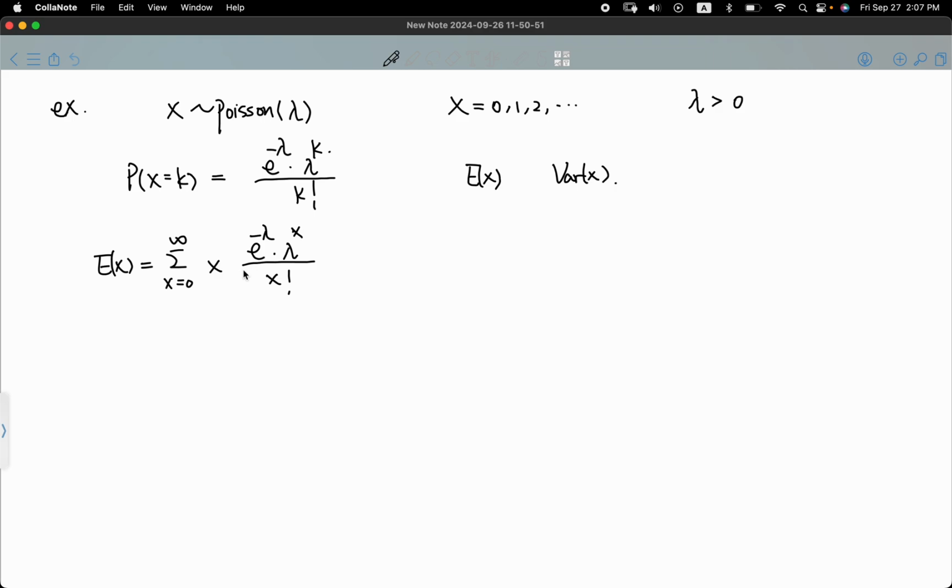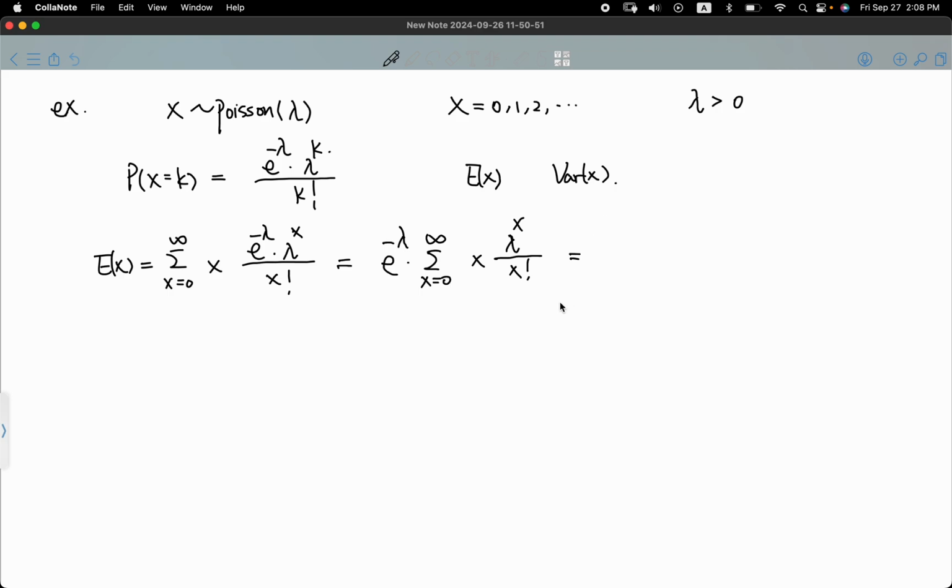Okay, so next we are just going to simplify this quantity. Let's first recognize that e raised to the power of negative lambda is not going to be affected by this summation, so we can bring it in front of the summation, as it is just a coefficient multiplying the whole infinite sum. And then the sum from x equal to 0 to infinity of x multiplied by lambda to the x over x factorial.